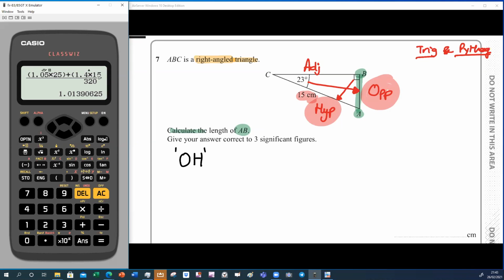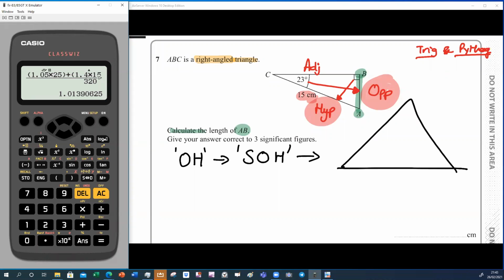Oh, and that comes from what? SOH. Fantastic. That's exactly how you do the question. So your question is an SOH question, which comes from SOH. Now give me the formula triangle for that. Sine equals opposite over hypotenuse. Absolutely. So we put it into a nice little formula triangle.